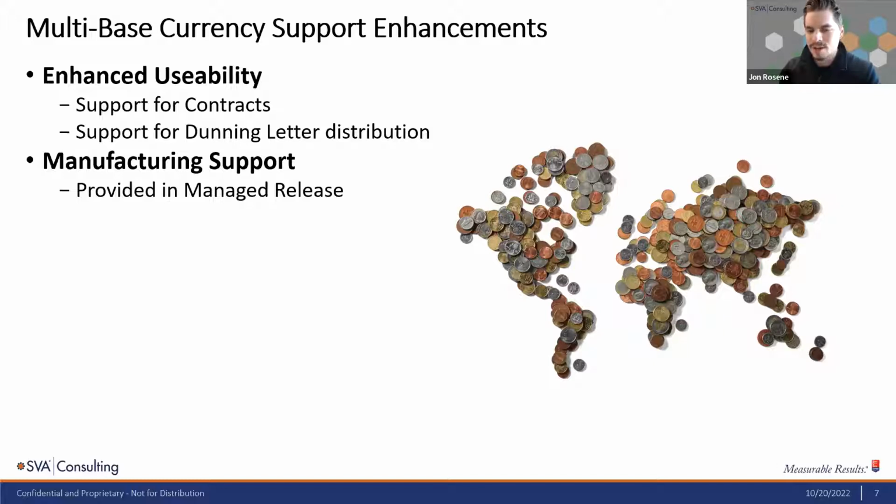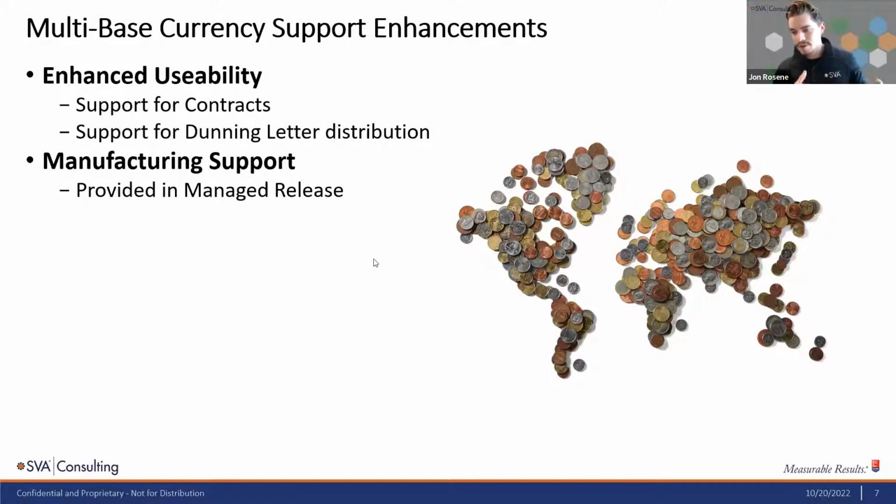So what I want to highlight here for 22R2 is that they're continuing to focus on the multi-base currency support across modules. One of those that I have identified is the manufacturing support available in a managed release. As of right now, I know they're still working through the payroll integration for multi-base currency support. So we'll continue to see Acumatica invest in that support to allow multi-base currency to be compatible with other modules.